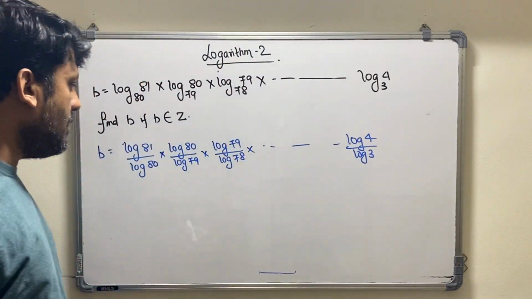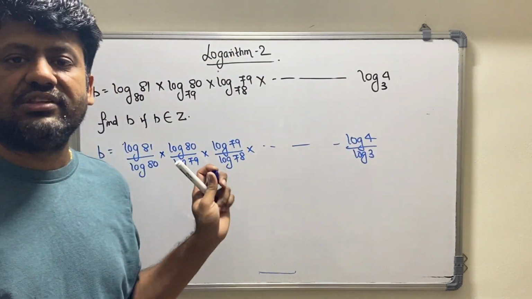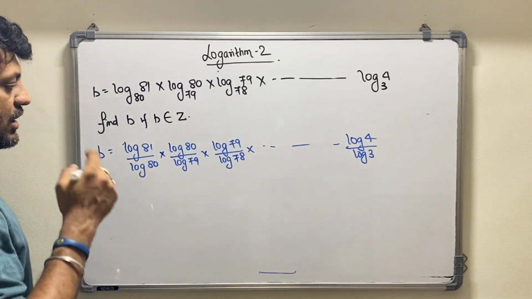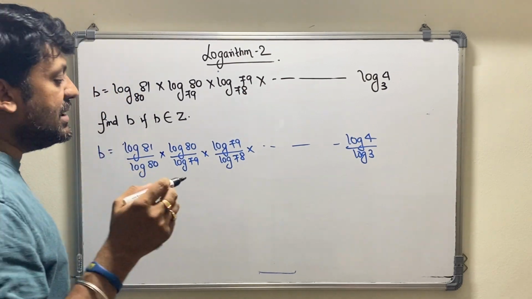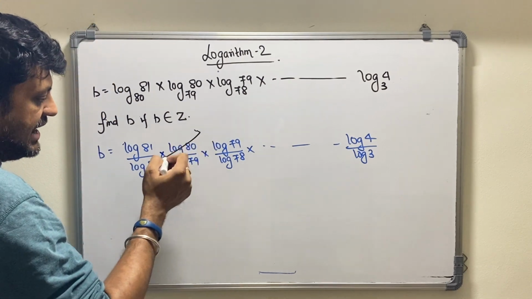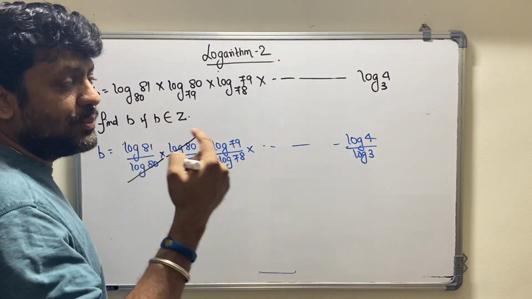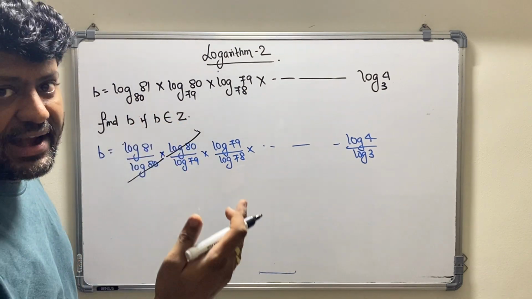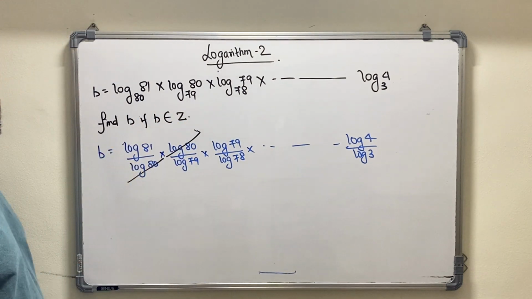Now you have to remember that the bases of all these logs in the numerator and the denominator are the same. Now you see the pattern of how we are eliminating the values. Log 80 and 80. From the numerator we are cutting, one step ahead of the previous term from the denominator.